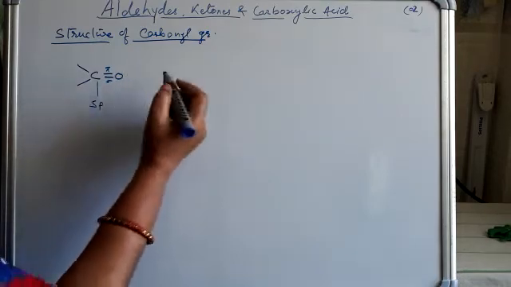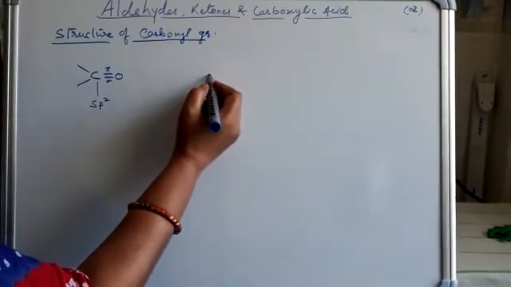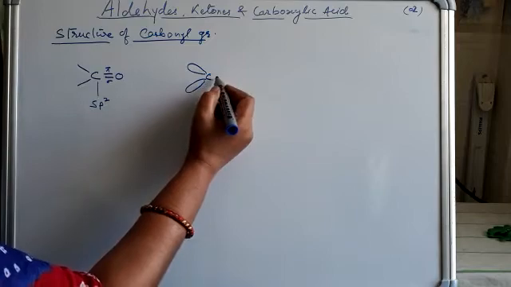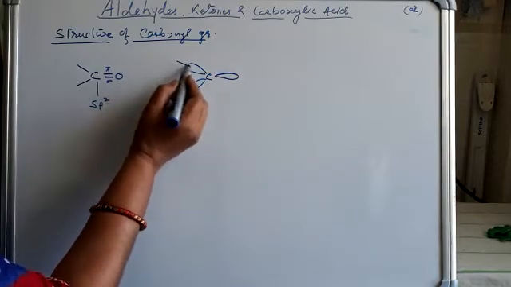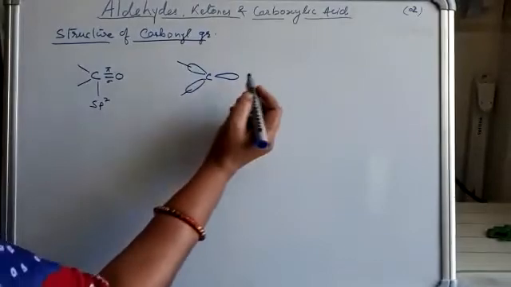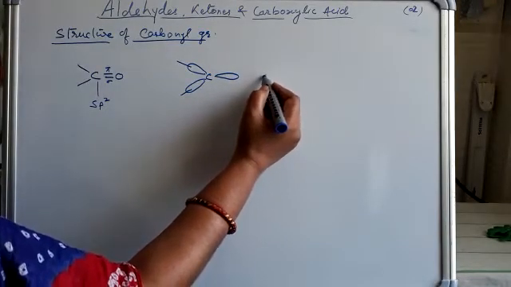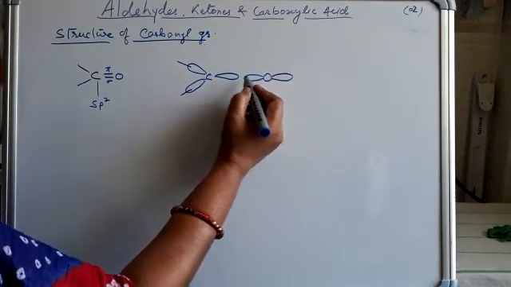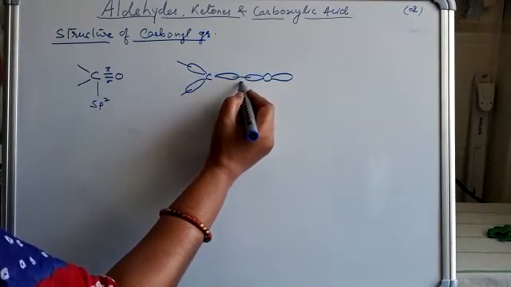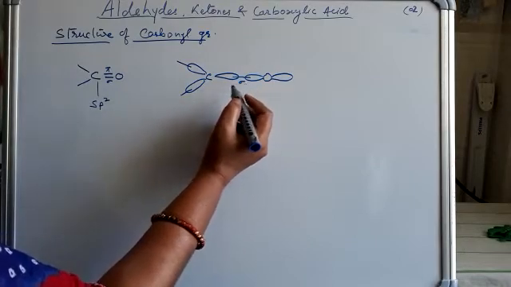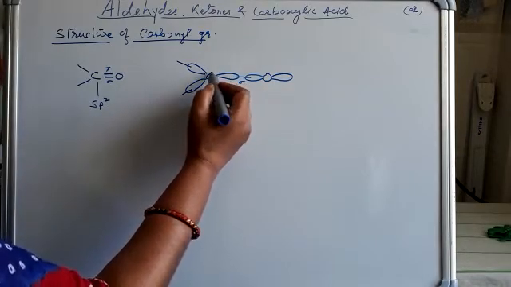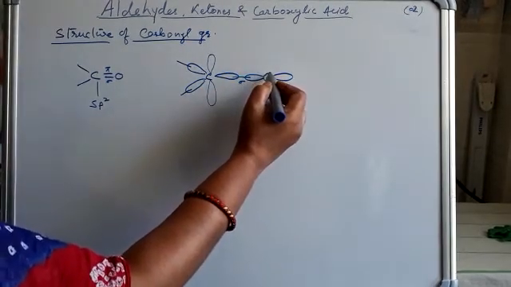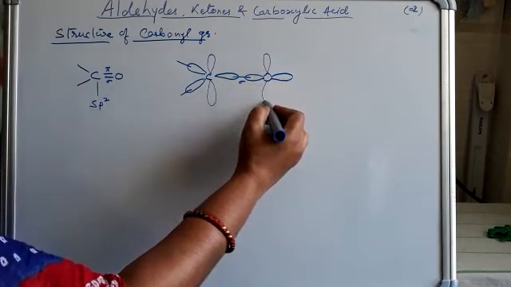So at first, we draw the sp2 hybridized carbon like this: sp2 orbitals with one hydrogen or alkyl group, and oxygen with its p orbital links with this to form a sigma bond, and an unhybridized p orbital is also present.